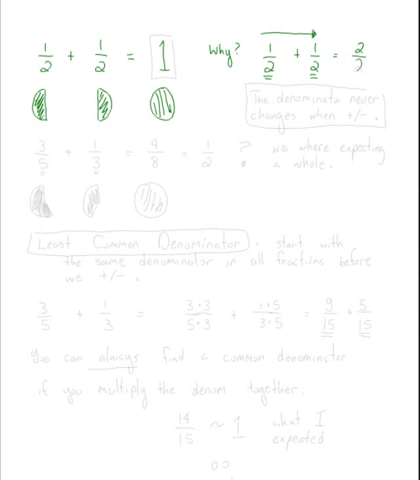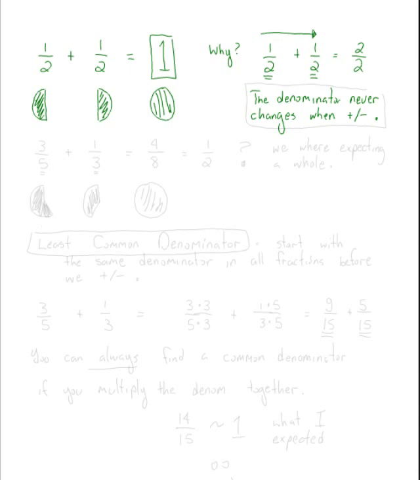And so you end up with 2 in your denominator. The denominator never changes when adding or subtracting. Okay? So 2 over 2 then is just 1.